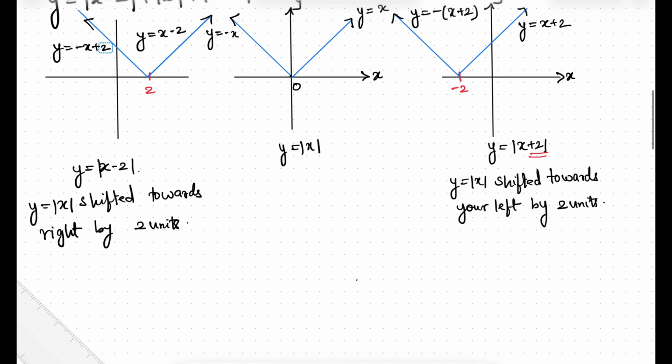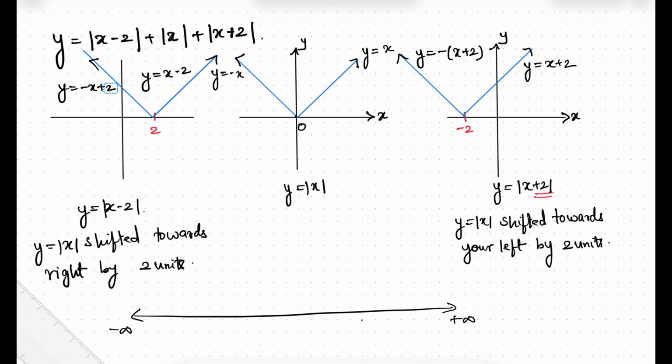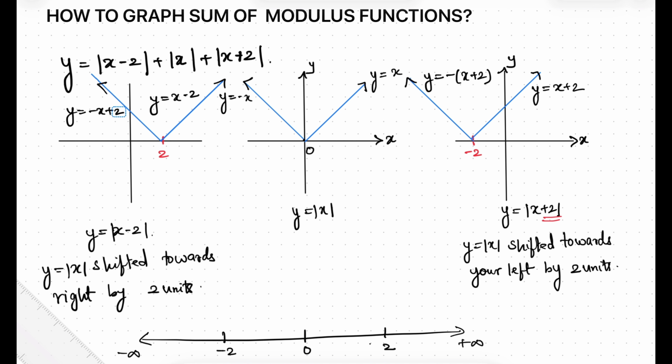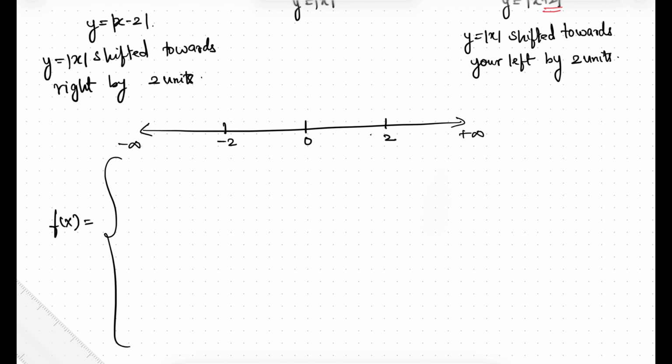So what we are going to do now is, let me just draw a real line. It is going to get split. So it is your minus 2, then it is your 0, then it is your plus 2 on your real line. Now we'll be examining the values on different intervals. First interval is minus infinity less than x less than minus 2.